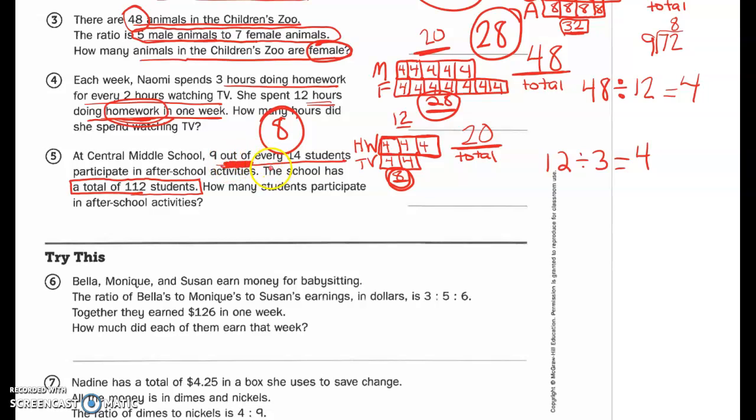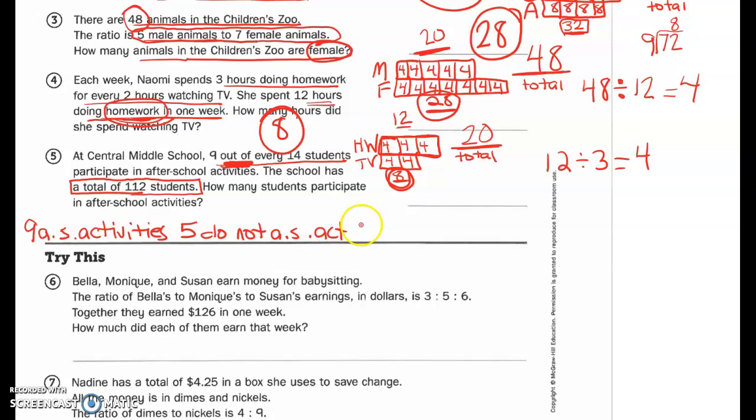They're saying that if we have 14 students, 9 of them participate in after-school activities. So that means that if 9 do after-school activities, then 5 do not do after-school activities.